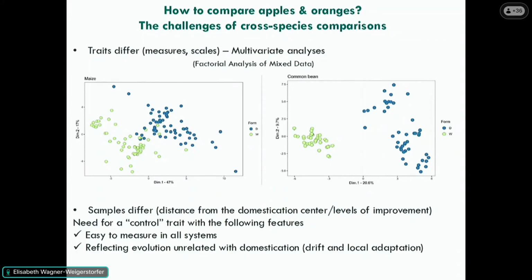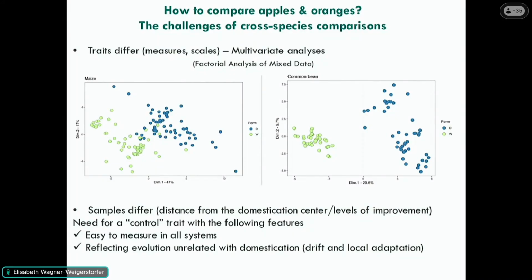So you see that when we perform such an analysis, for example in maize, you're able to distinguish pretty well on the first axis the domestic form in blue from the wild form in green. And similarly in common bean, it's even clearer here, the distinction between the wild and the domestic forms.